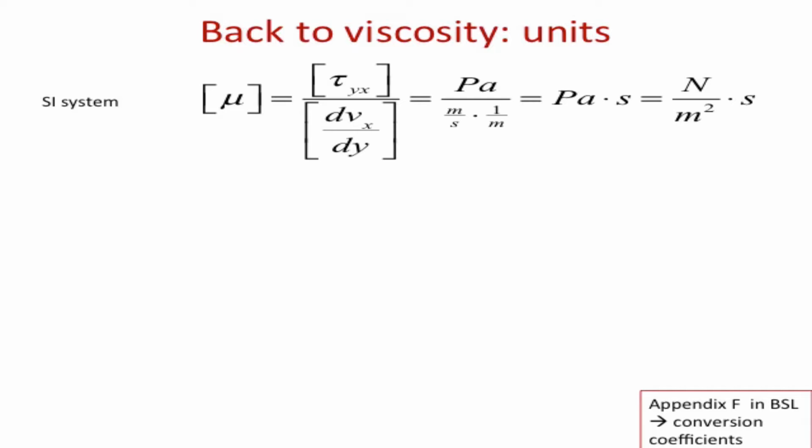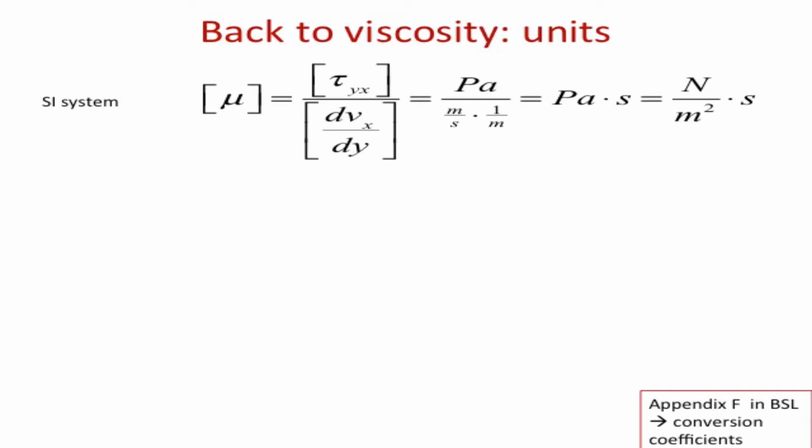So my coefficient of viscosity is the shear stress tau yx divided by the gradient in velocity dx. My shear stress is in pascals, and the gradient of velocity is meter over second times 1 over meter, which is basically pascal seconds, or sometimes Newton over meter squared times second.